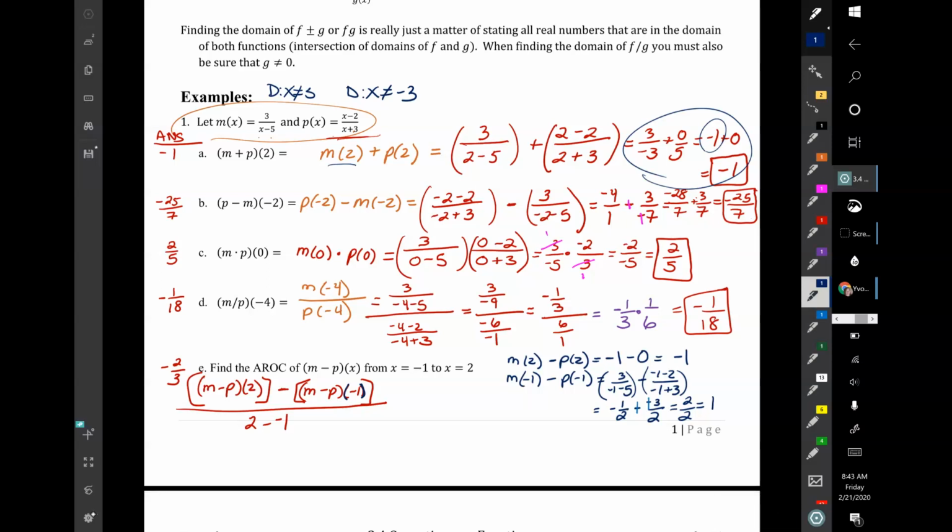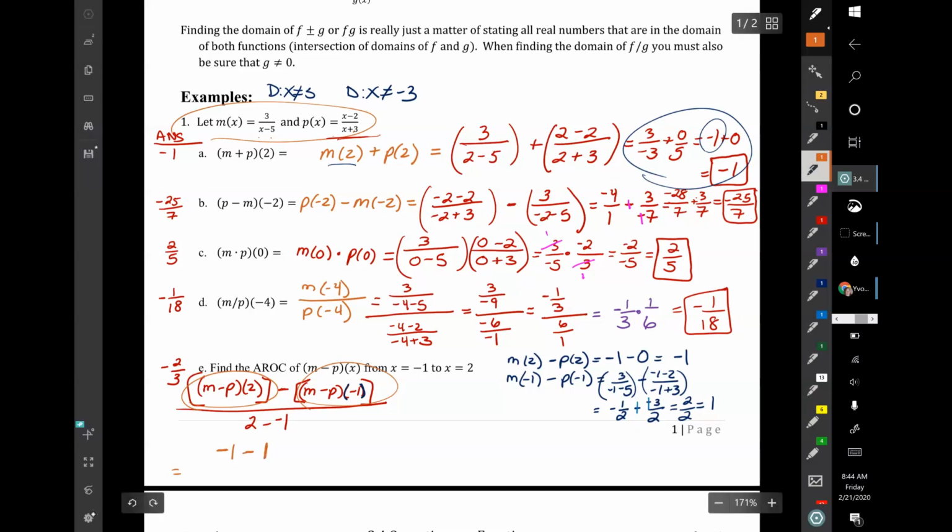So now this top piece back over to here, we figured out this chunk m minus p of 2 is -1. And we figured out that m minus p of -1 is also 1.